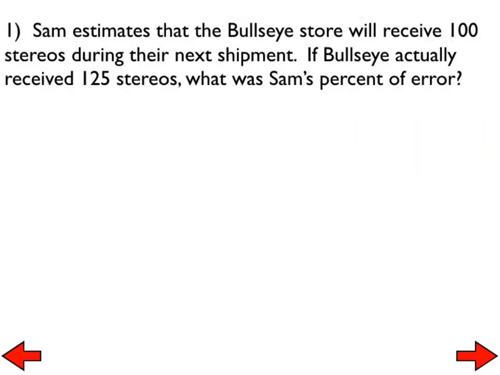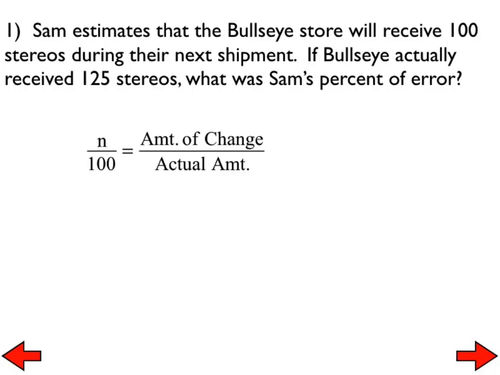Let's do number 1 together. Sam estimates that the Bullseye store will receive 100 stereos during their next shipment. If Bullseye actually receives 125 stereos, how much was Sam's percent of error? So same proportion that we've been practicing, except the bottom number is now actual amount.